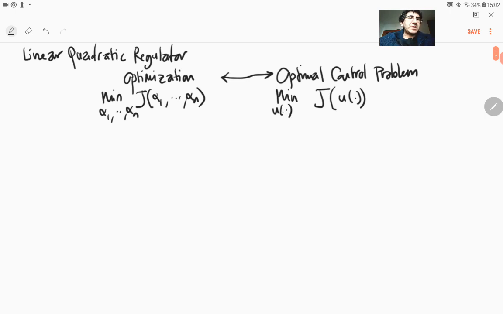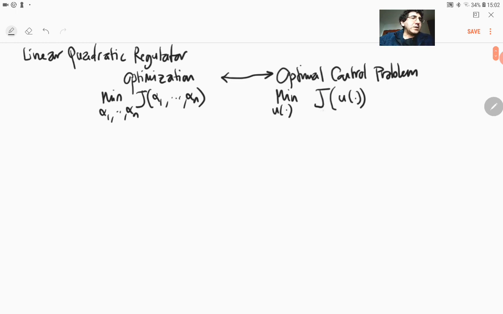So in the case of optimization, we want to find the alpha values that would minimize or maximize J. And in the case of an optimal control problem, we are trying to find the control or the input u, which will minimize a function of that input.